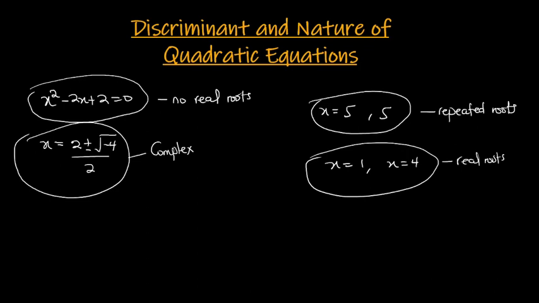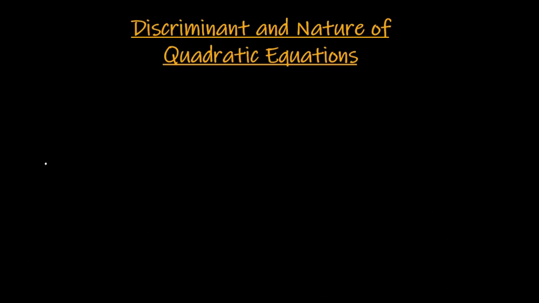Now, how can you identify that an equation has either a complex root, real roots, or repeated root? So let's look at how we can identify that. We said that our quadratic formula is x is equal to minus b plus or minus the root of b squared minus 4ac all over 2a.